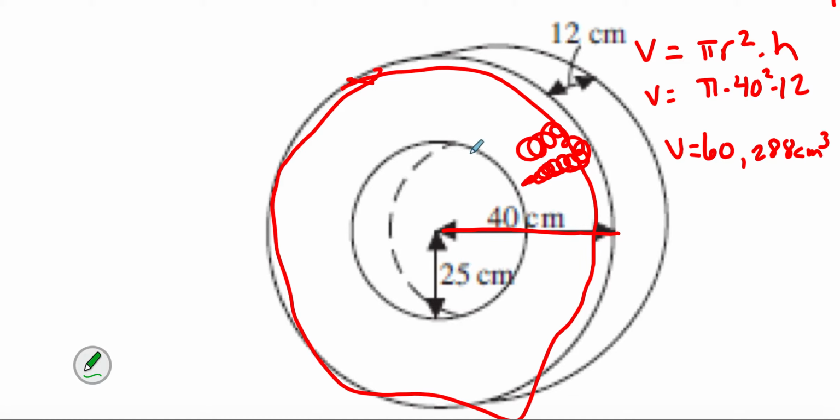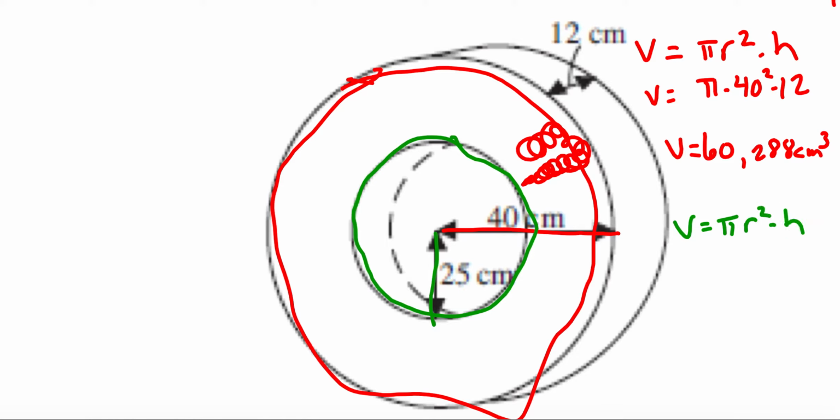Now, what happened in the toilet paper roll? Well, in order to put this hole in it right here, so people can supposedly hang it on the toilet paper roll, we have to cut that out. And if I cut something out, it's like subtracting. So I have this other circle here that I need to find the volume of. Again, volume is pi r squared times h.